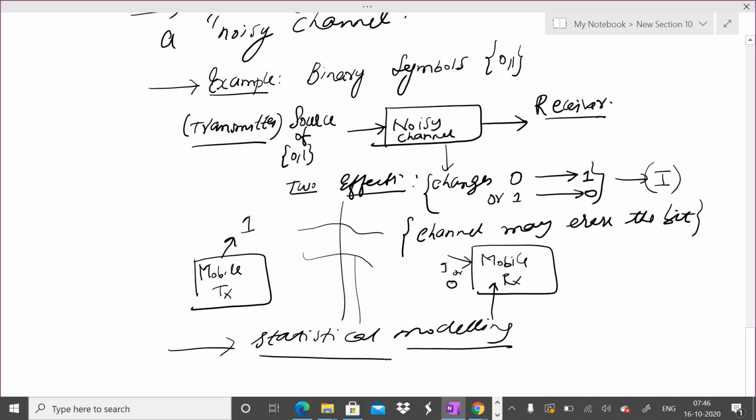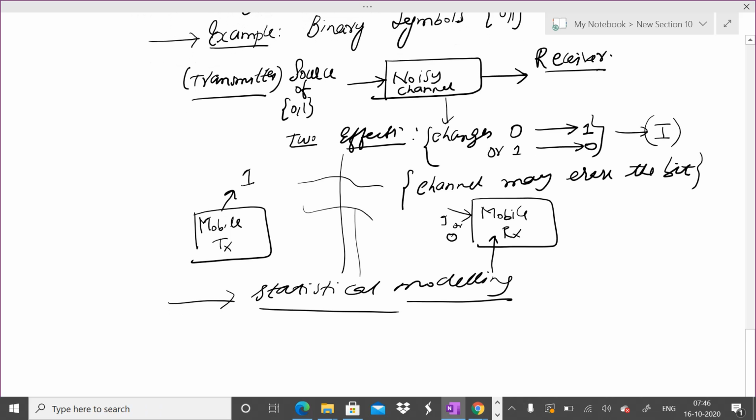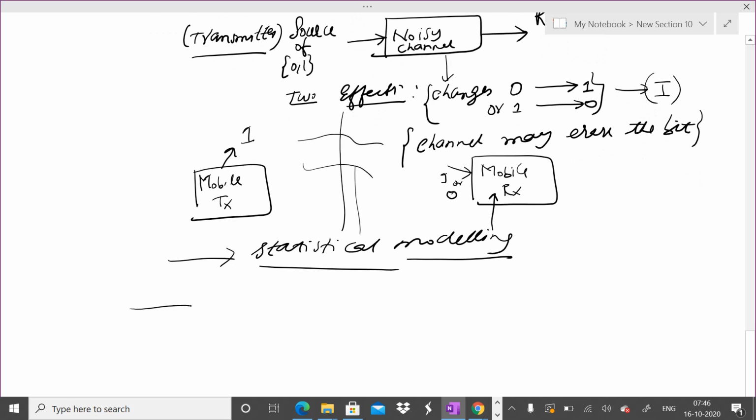That is the reason I took up this part of the concept beforehand, so that even if you are from a computer science background, you don't need to open up these boxes. What is the transmitter, what is the receiver? We will do statistical modeling, and in particular there is a statistical model for communication channels called the discrete memoryless channel.